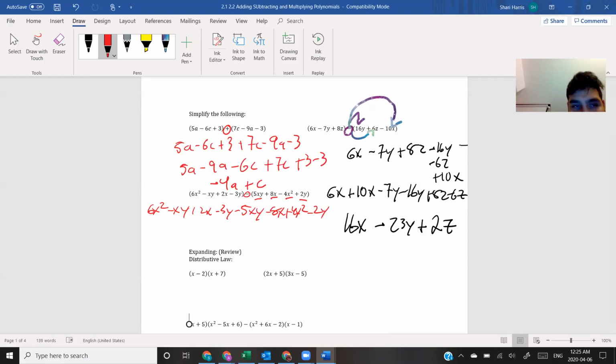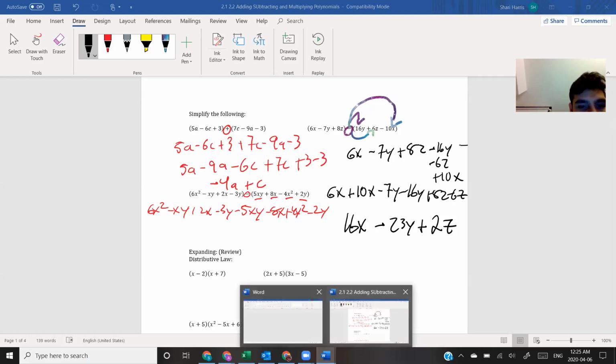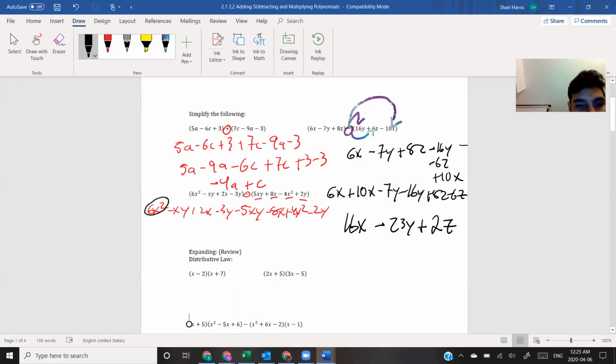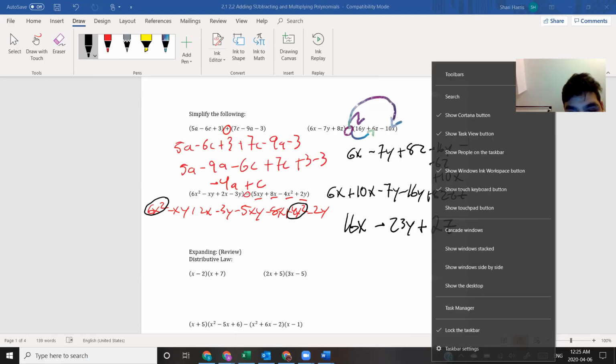And then, if it gets complicated, what I like to do is put shapes around my like terms. So x squared will be circle. X squared will be circle.